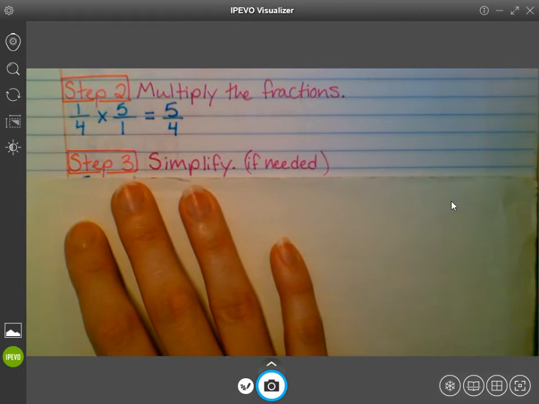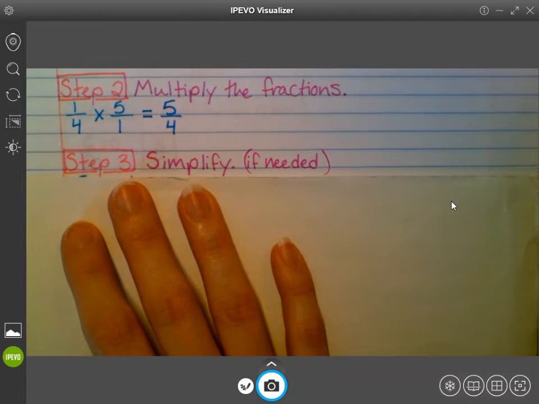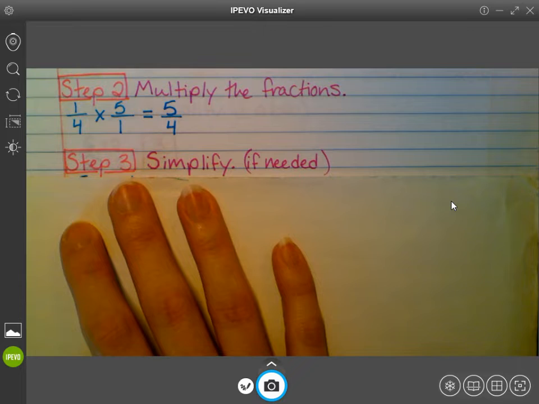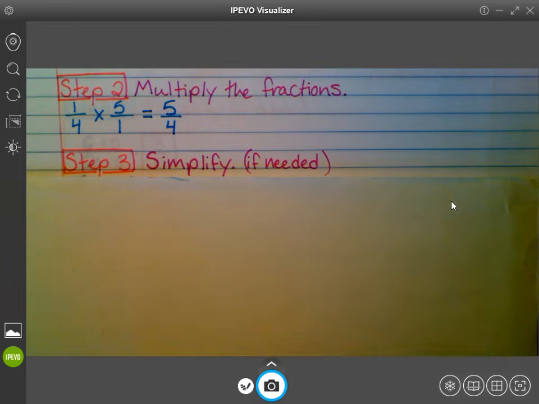So I'd like you on your own right now to turn 5/4 into a mixed number below step 3. Give me a thumbs up when you think you've got it. Awesome. And make sure you've written it down. Don't just do it in your head, also write it down.